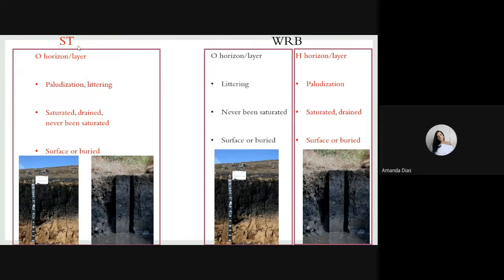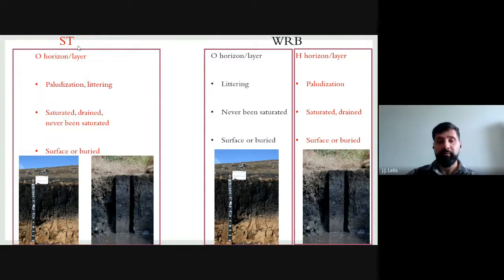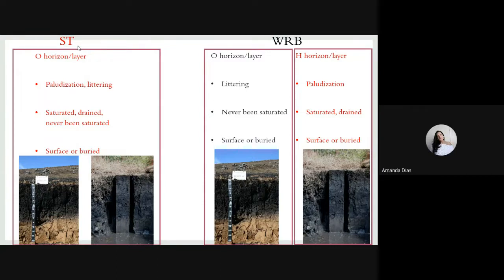Okay? Yes, yes. But in the Sistema Brasileiro de Classificação do Solo, we use 80%, okay? Yes. The explanation about this is that in Brazil we have higher temperatures, is that the explanation, or no?